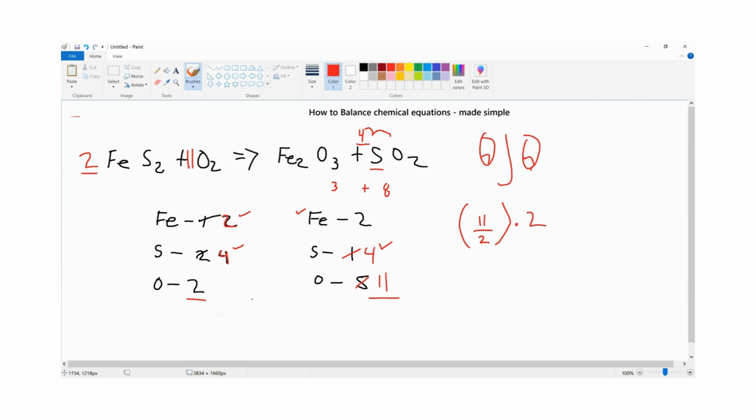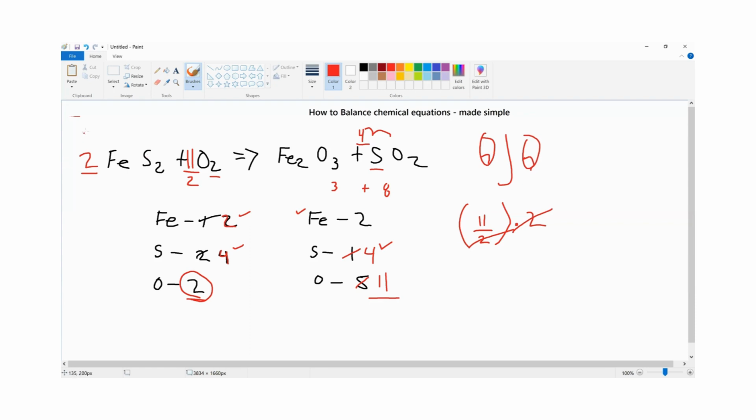Why a 2? Well, remember we have 2 down here. Correct? We have 2 here. We want 11. We want to cancel the 2. How can you cancel the 2? You multiply by 2. So let's do 2 here. And now what? Well, like I said, we multiply by 2.